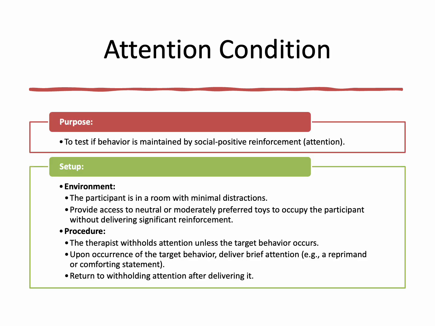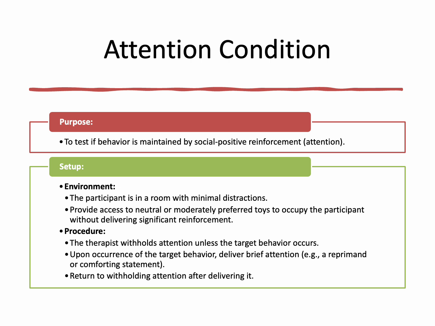So let's look at what the attention condition would look like. Remember I mentioned the traditional FA is typically 10 minutes long, but there can be variations to the duration. So with the attention condition, we are going to test that the behavior is maintained by attention, and the way that we do this is by setting up the environment in a particular way where the individual has access to some moderately preferred item, but they're not receiving any attention at all.